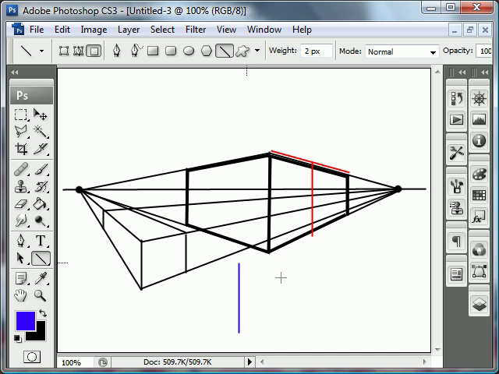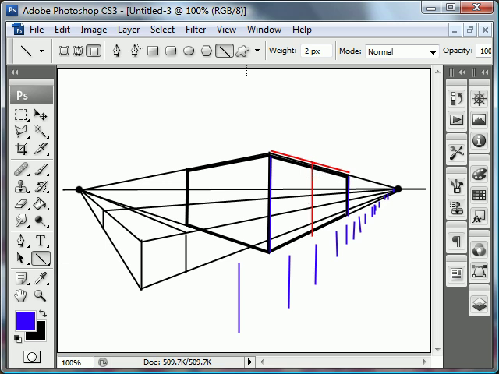We know that if this was a row of trees, not only would the trees appear to get shorter, but they would also appear to move closer and closer together the further away they moved and the closer they got to the vanishing point. So the same thing goes for these vertical edges. This vertical edge here and this vertical edge here will appear to move closer and closer together even if they're evenly spaced.